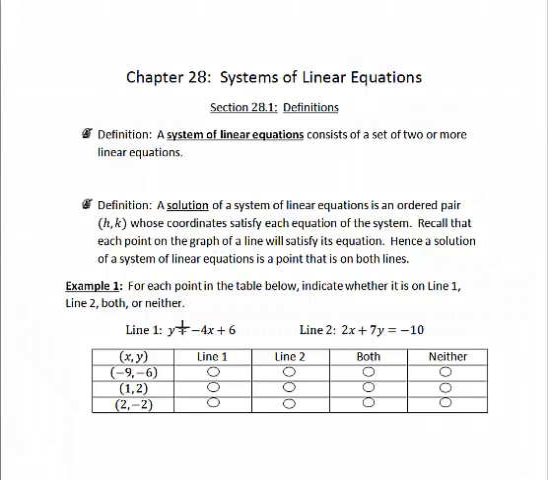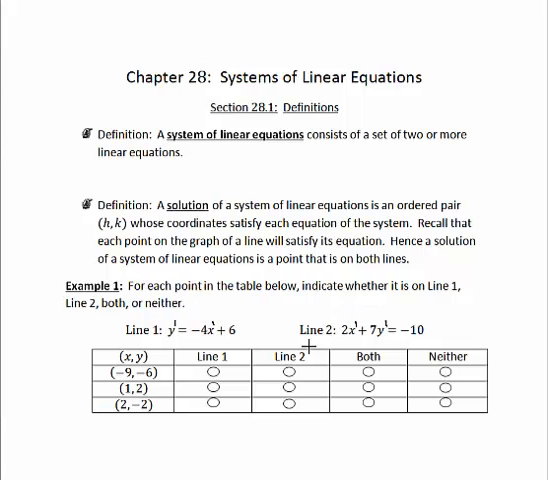So in example 1, we have two lines, line 1 and line 2. They're both linear. Line 1 is in slope-intercept form. Line 2 is in the general linear equation format. And if you check the variables, you should see that we have powers of 1 for our variables x and y, so they are linear.